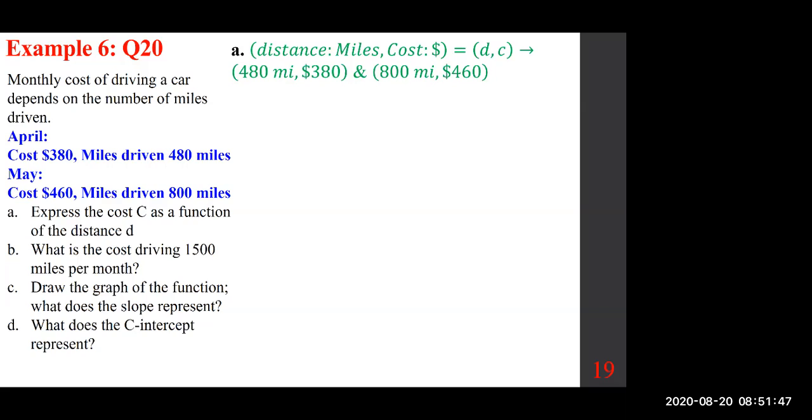Okay, so therefore, according to this, remember part A says express cost as a function of distance D. So distance is the independent variable, like x, and cost is the dependent variable, just like y. In fact, if it helps, you can even write this underneath.